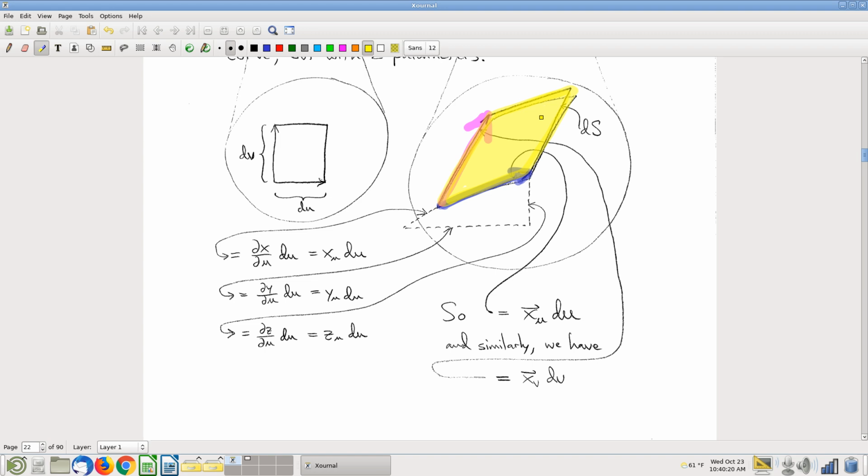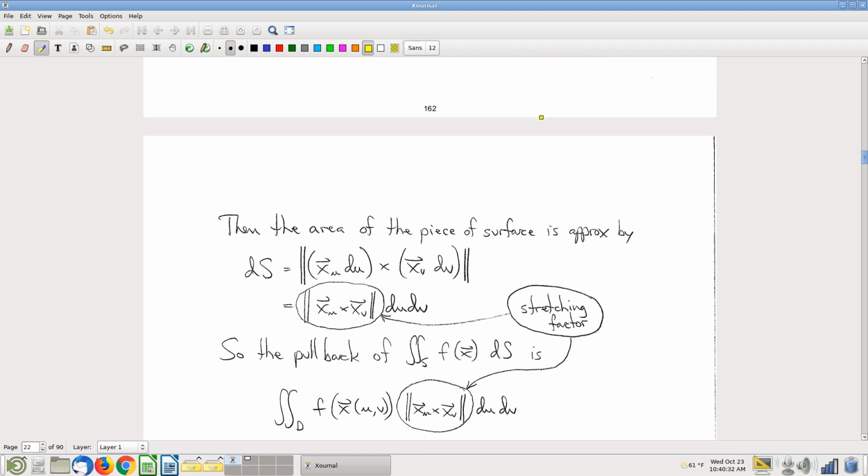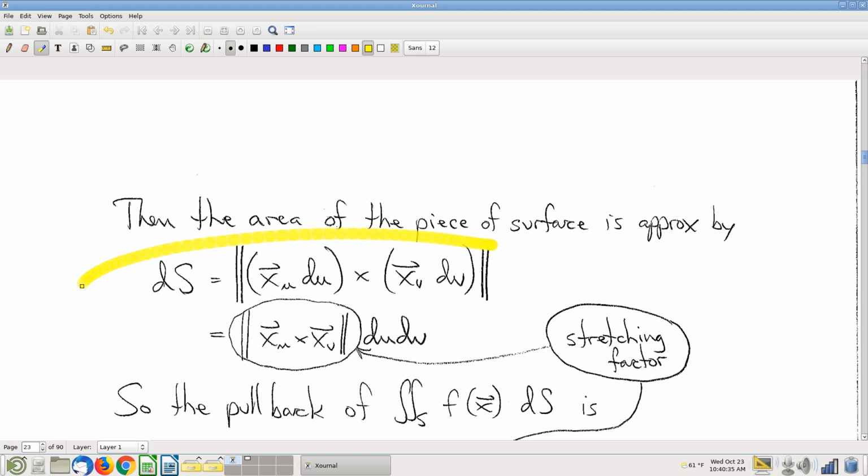Flashbacks way back to early chapter 12, right? The area of a parallelogram in three-dimensional space. It's the length of the cross product. Right? So I'm going to compute that literally as the length of the cross product. Area is the length of the cross product. Of course, the cross product of these two vectors that we just computed.